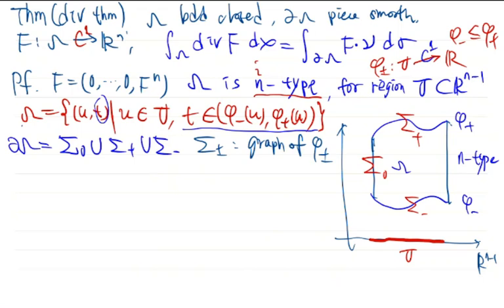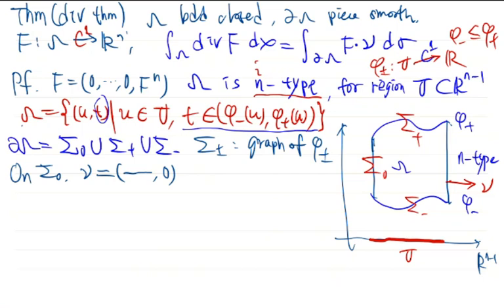And on sigma 0, the normal vector nu is horizontal. The first n minus 1 components I don't care about, but the last component is 0.